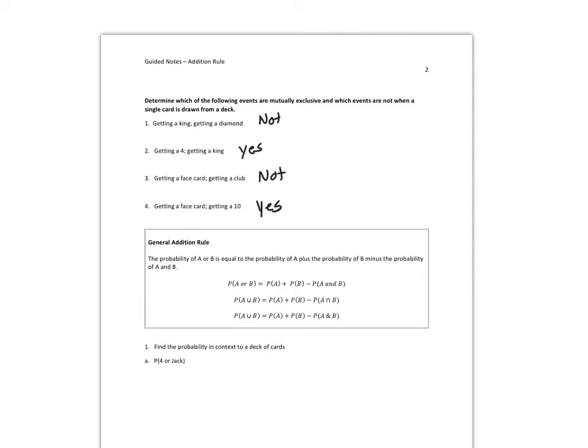Now, if you know you have mutually exclusive events and you want to find the probability of A or B, then it would just be the probability of A plus the probability of B. That's a formula if you know you have mutually exclusive events. I do not use that formula.